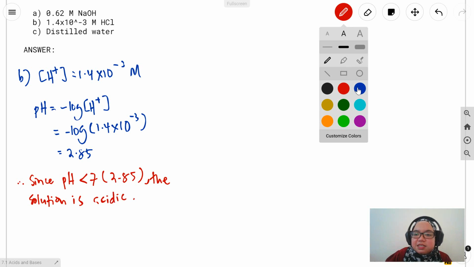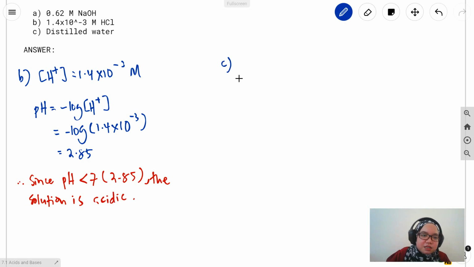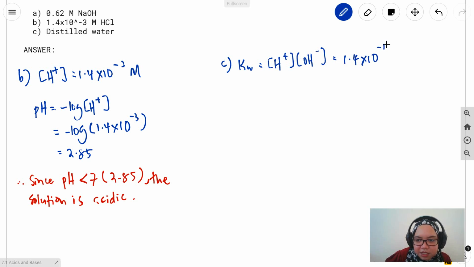Okay. Now, let's look at question C. Question C, water. Distilled water. We know distilled water is neutral, but it wants us to show that it is neutral. So let's show it like this. Kw is equal to H plus times OH minus, equals 1.4 times 10 negative 14. Okay, so it wants us to check the pH, right? So H plus is equal to Kw divided by OH minus.